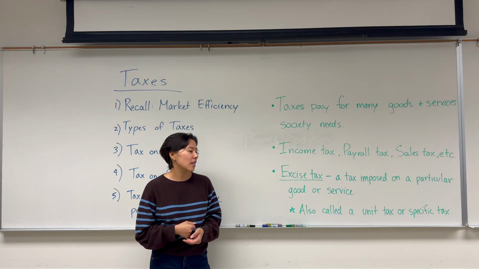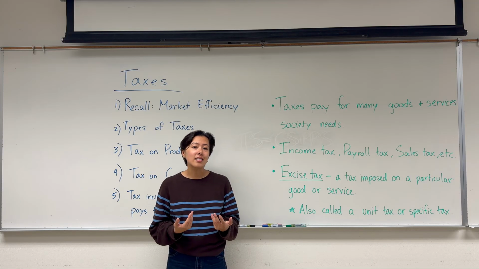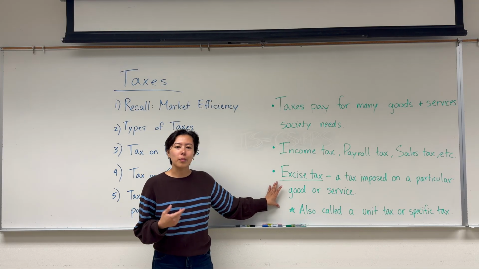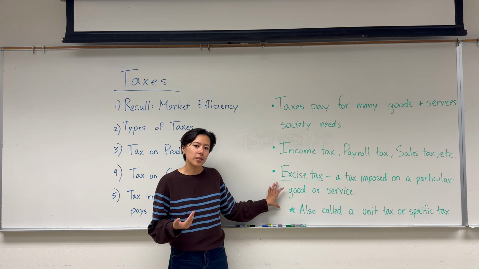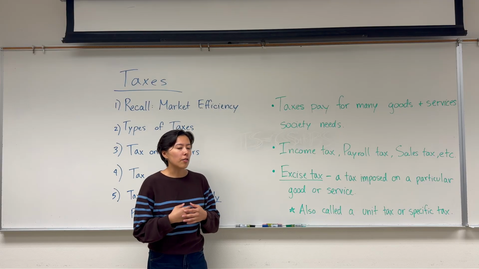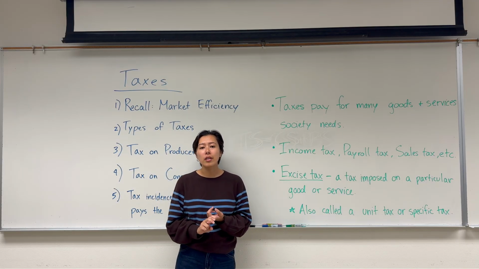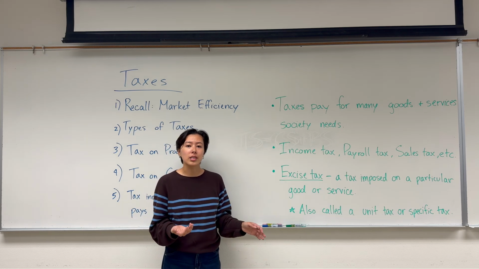What this means is that for every gallon of gas that I buy, the government is collecting 18 cents in tax revenue off of that gallon. It doesn't matter what the price of gas was to me, they're always going to get that 18 cents per gallon. The government also commonly taxes cigarettes, nicotine products, and alcohol using this excise tax or unit tax.